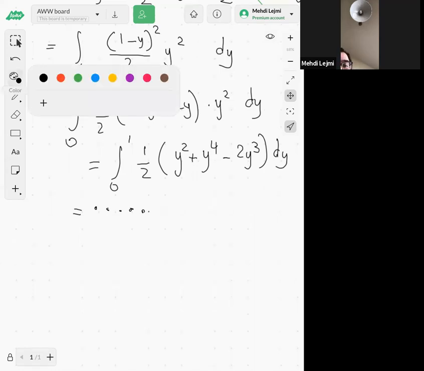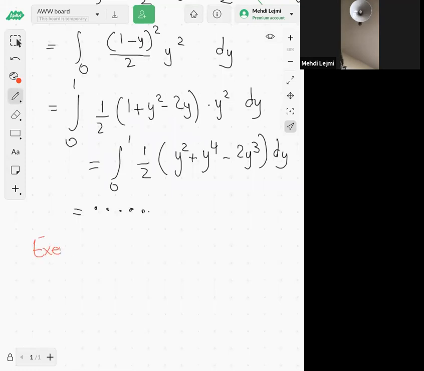So here's a small exercise, a similar exercise. Let's say D is this triangle here. This is 1, 2, 3.